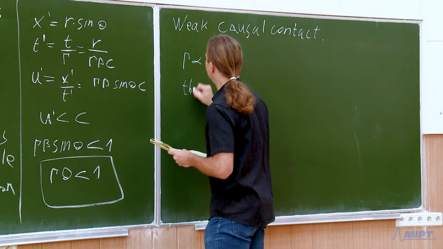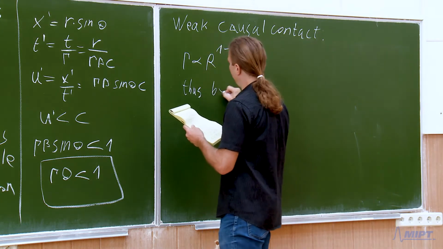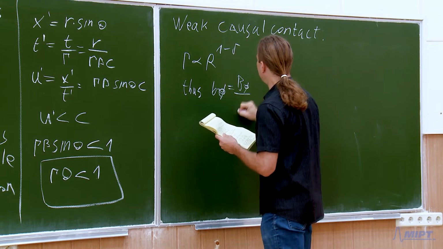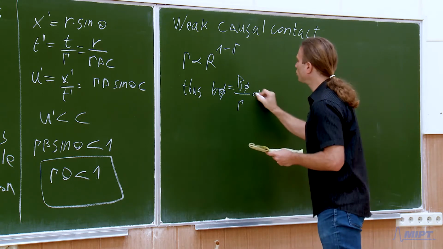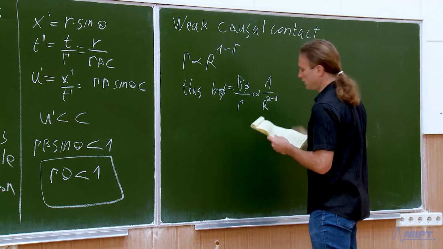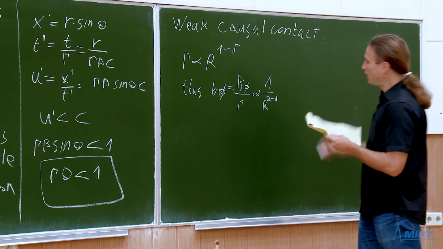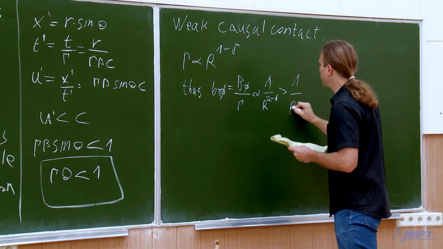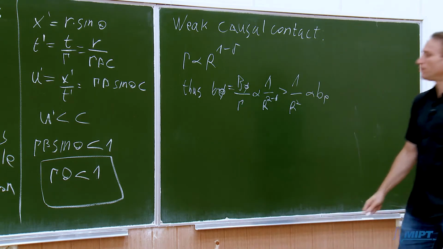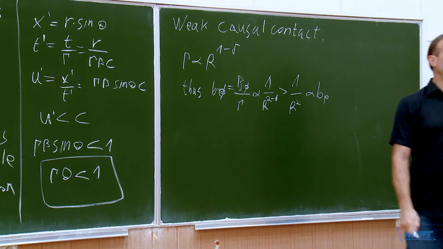Thus, b phi, which is equal to b phi divided by gamma, is proportional to 1 over r to the power of 2 minus delta. Okay? And this is larger than 1 over r squared, which is proportional to bp. So b phi is now larger than bp.